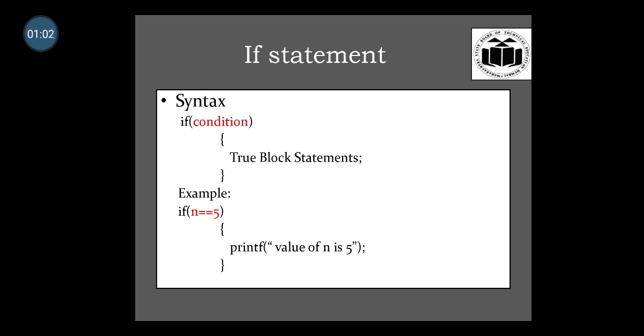For example, if we want to check whether variable n is equal to 5 or not, we give the condition in the if bracket, n is equal to 5, and we print that the value of n is 5. That printf statement will get executed only if the condition is true.